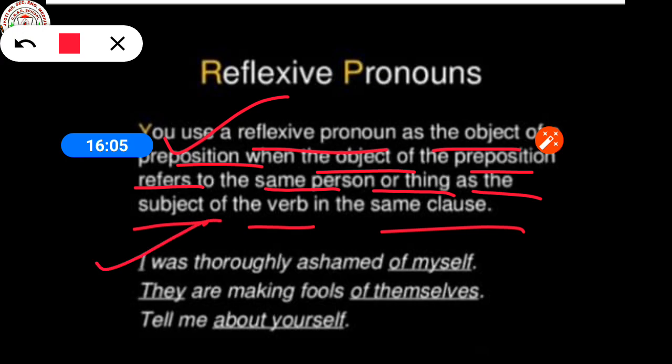For example, I was thoroughly ashamed of myself. They are making fools of themselves. Tell me about yourselves. In these types of sentences, the object of the preposition refers to the same person or same thing as the subject of the verb in the same clause.